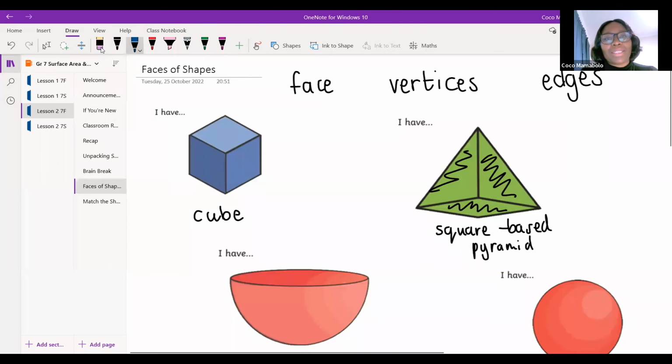So my shape has 5 faces. How many vertices? How many corners do I have? There, I've got 1 corner, 2, 3, 4, 5. I've still got 5 vertices. Good.